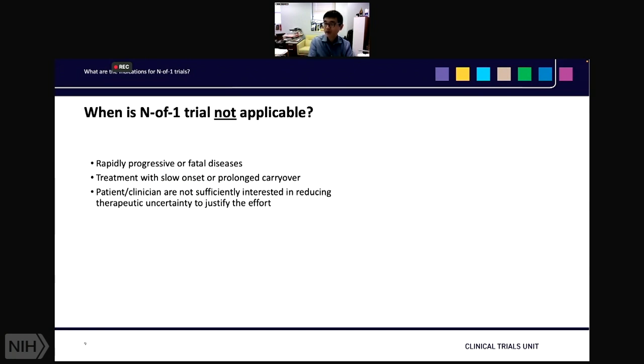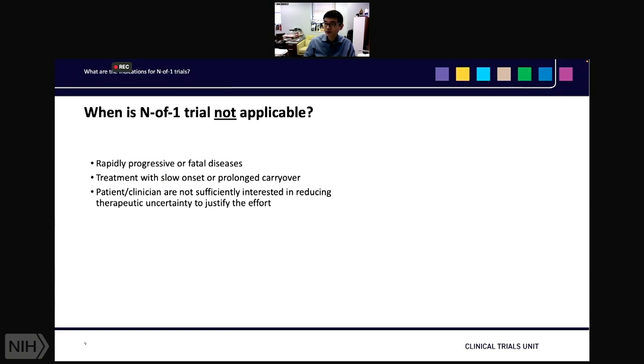And third, the N-of-1 trial is not feasible when the patient and the physician or clinicians are not sufficiently interested in using an experiment to reduce the uncertainty in the therapeutics.